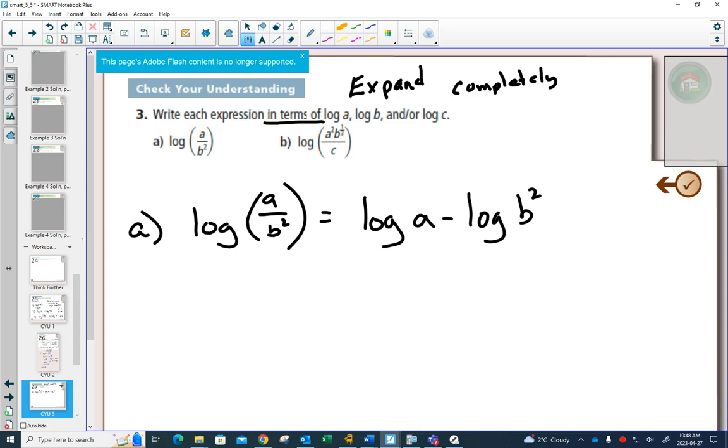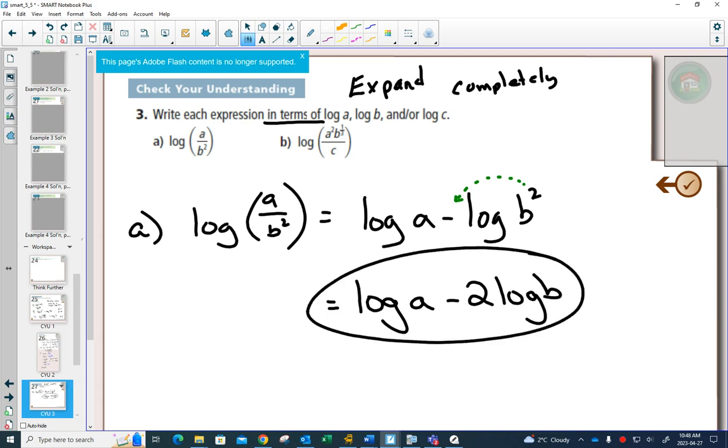But there's a log law for exponents that says if you have an exponent inside of a logarithm, it can come out in front. And now we have expanded this completely, and we have written things in terms of log A and log B.